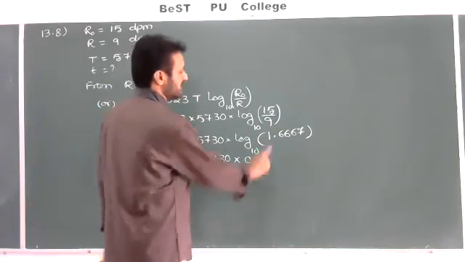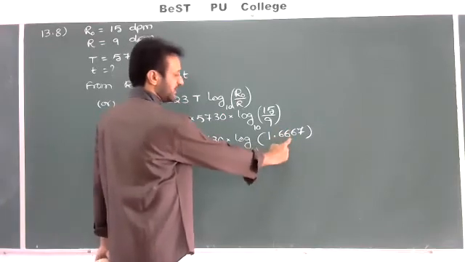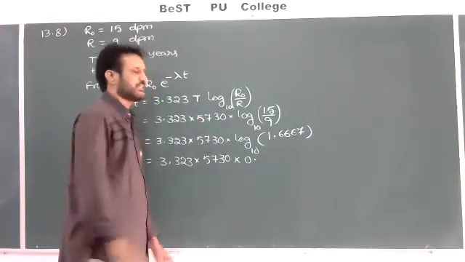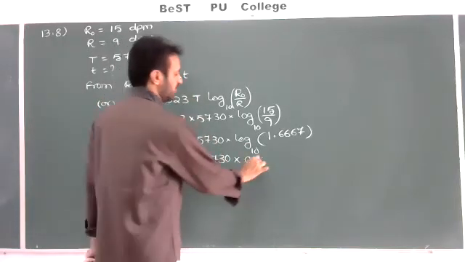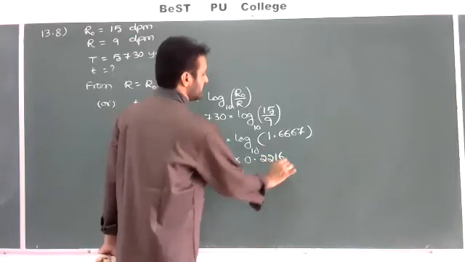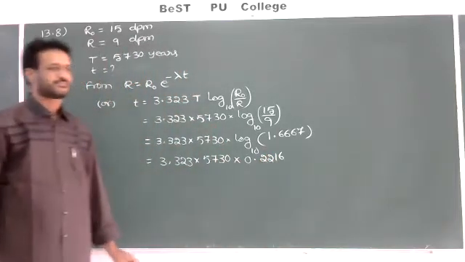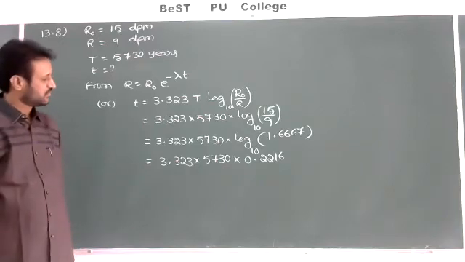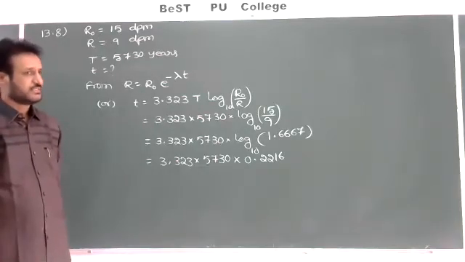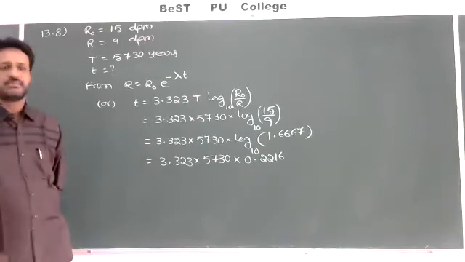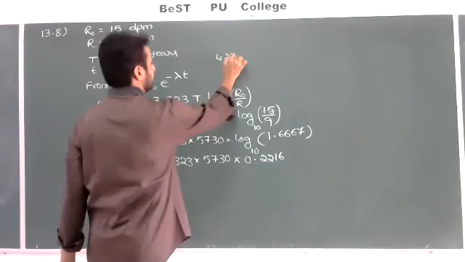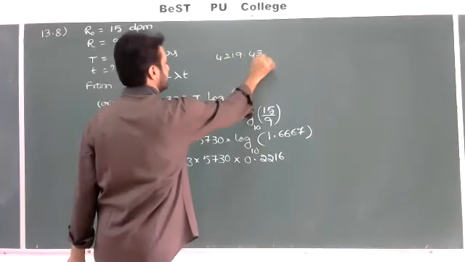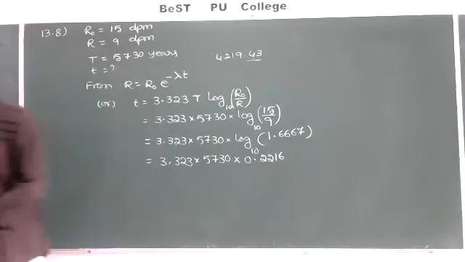So in the logbook you check 16 under 6, and the mean difference under 7. That gives 0.2216. Now multiply all three values. The total is 4219.43. So we have to check the textbook answer, or take a logbook and check carefully.